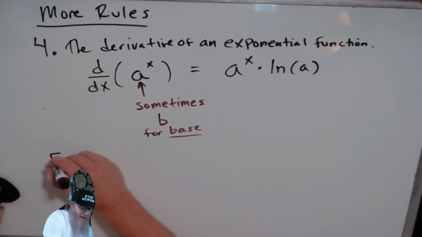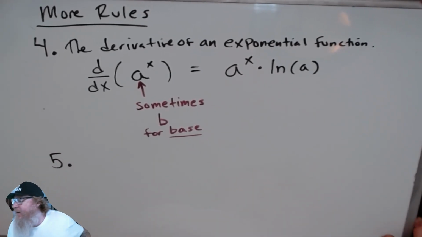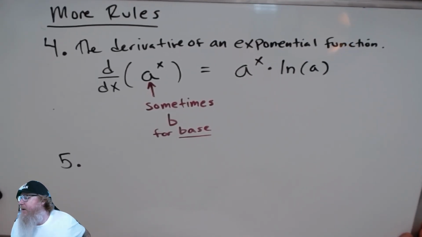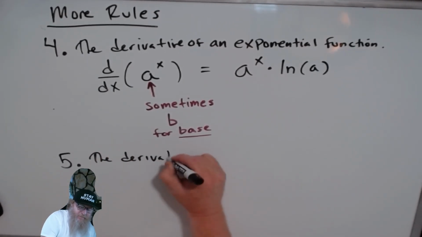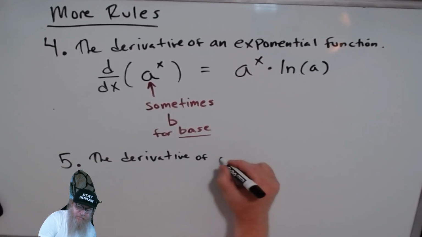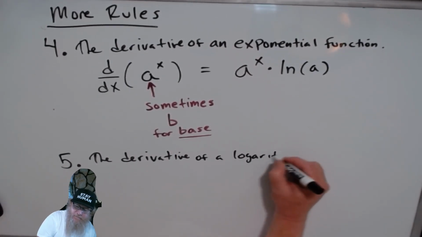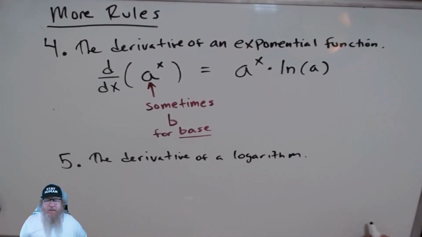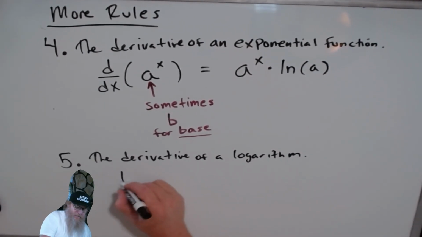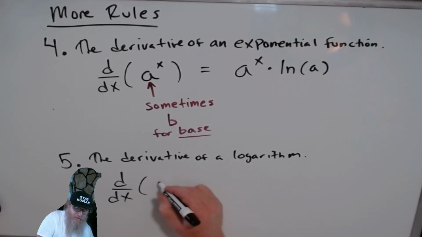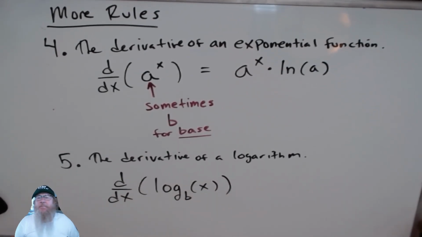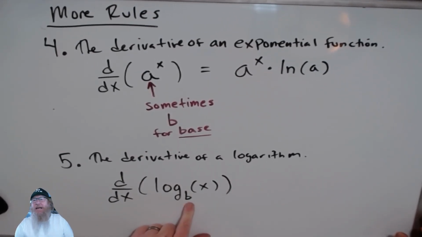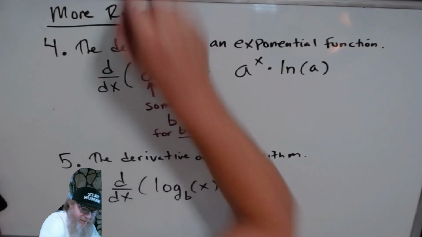And then rule number 5. Looking at my notes, I think we only have 5 rules, and then we'll have 2 special cases. The derivative of a logarithm. So notice now I am using b for base.